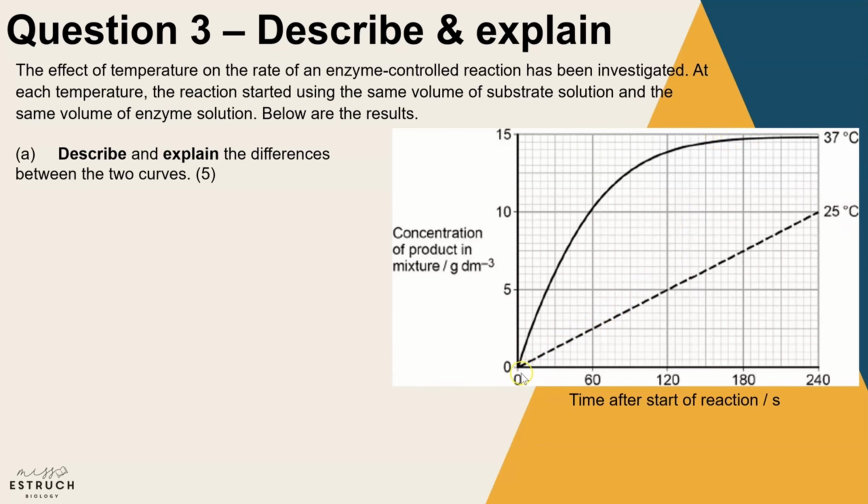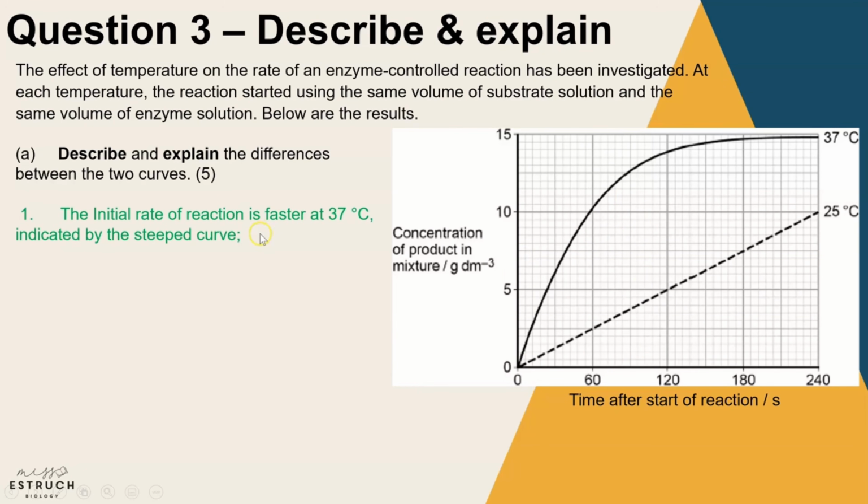However, for the 25 degrees C, we can see the rate of reaction remains consistent the entire time, but it is a lower rate of reaction to begin with, shown by the fact that the gradient is less steep. So that would be our description, but then we have to explain why we have those differences.